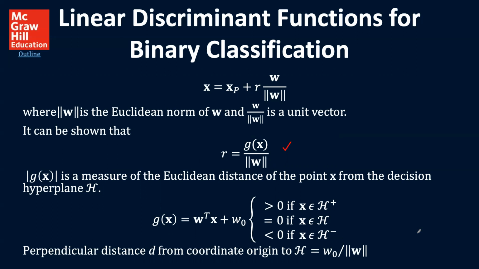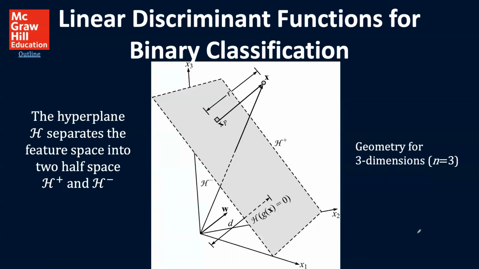So we're trying to create some decision boundaries with this kind of development, as we'll start to see. So we can have the H minus over here, we have this no man's land in between, and then we have the H plus.